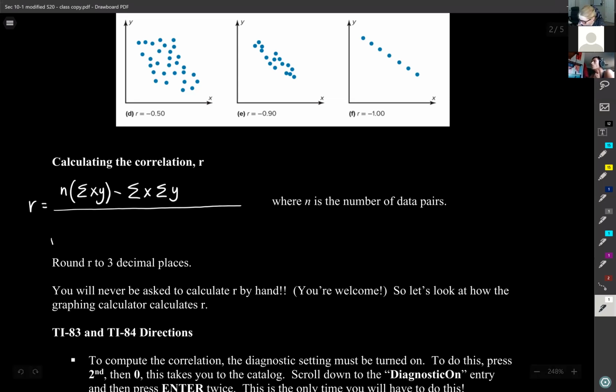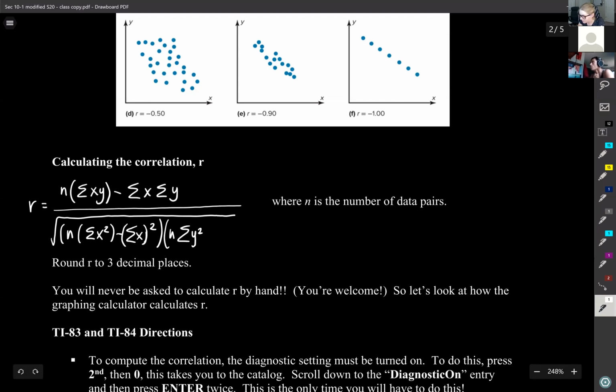So we have a square root, and we have n times the sum of x squared minus the sum of x, squared, oops, missing a parenthesis, there we go, times n times the sum of y squared minus the sum of y, squared.